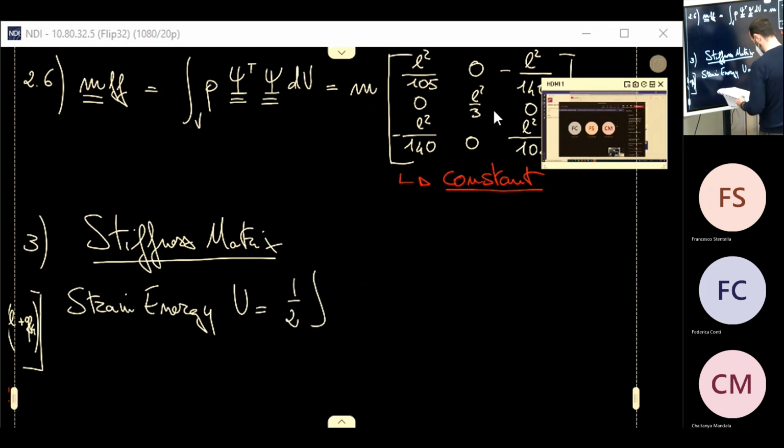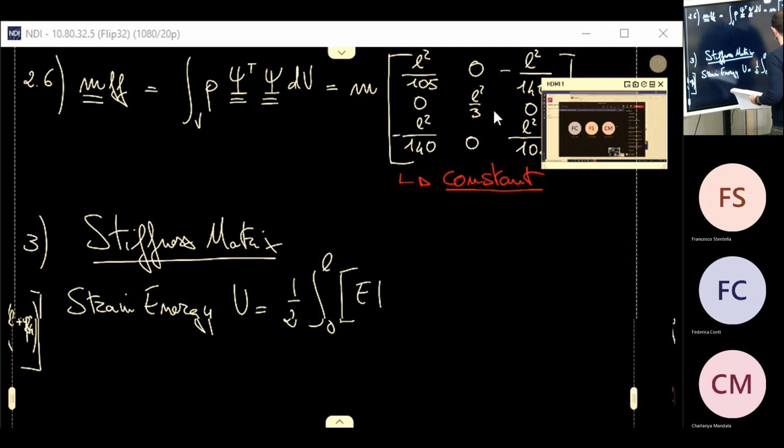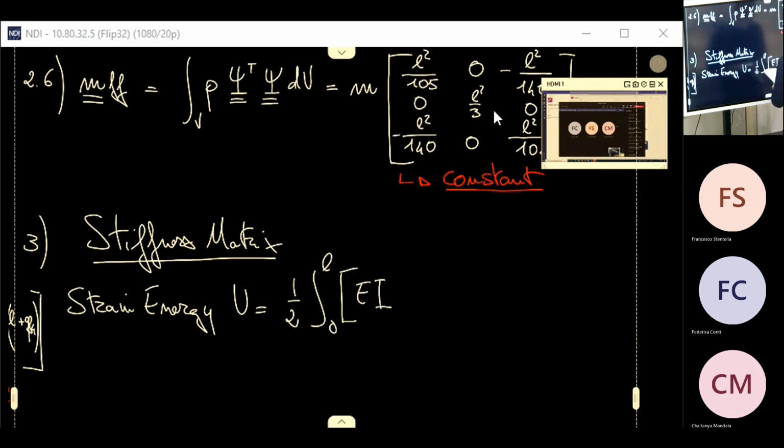This is one of the expressions that you have seen so many times. So you have the Young modulus E, the inertia tensor I, inertia moment in this case.